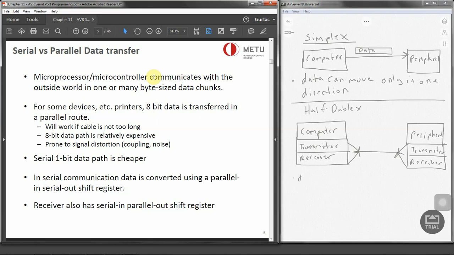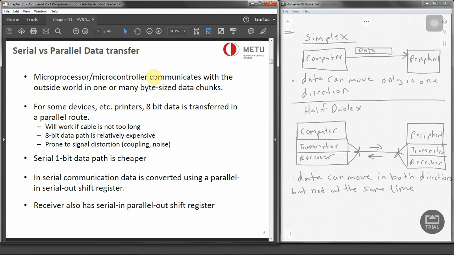So data can move in both directions, but not at the same time.